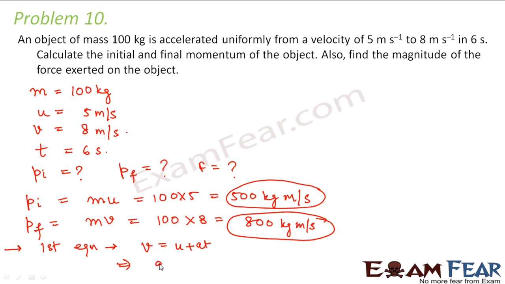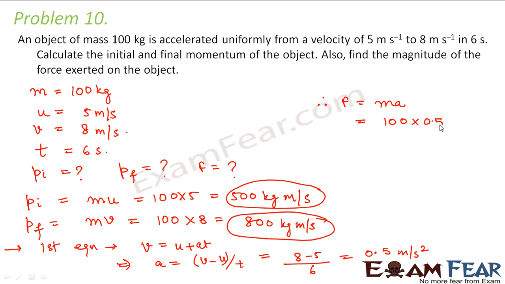So from this we can say a = (v - u)/t, that is equal to (8 - 5)/6, which is equal to 0.5 meter per second square. So therefore force is equal to mass into acceleration, which is equal to 100 into 0.5, that is equal to 50 newtons. So this is the magnitude of the force exerted on the object.